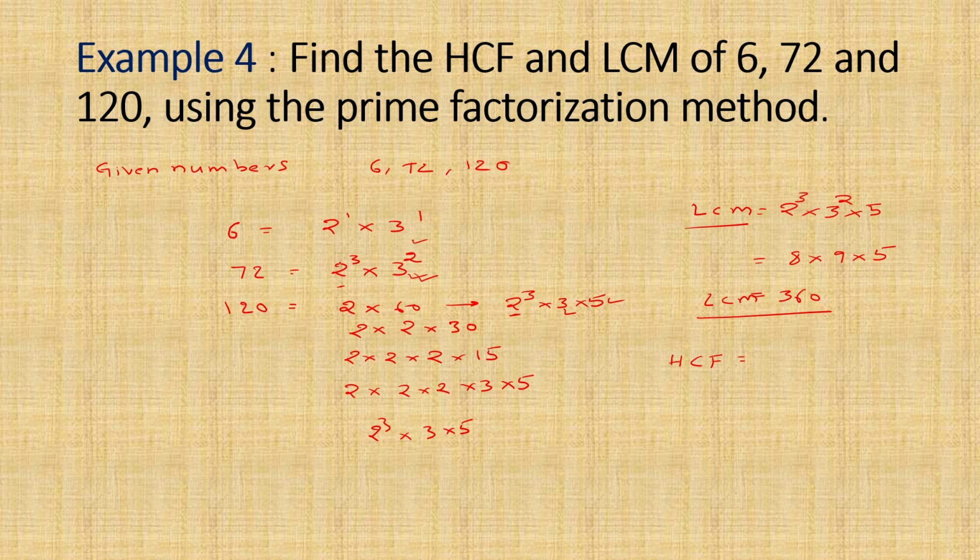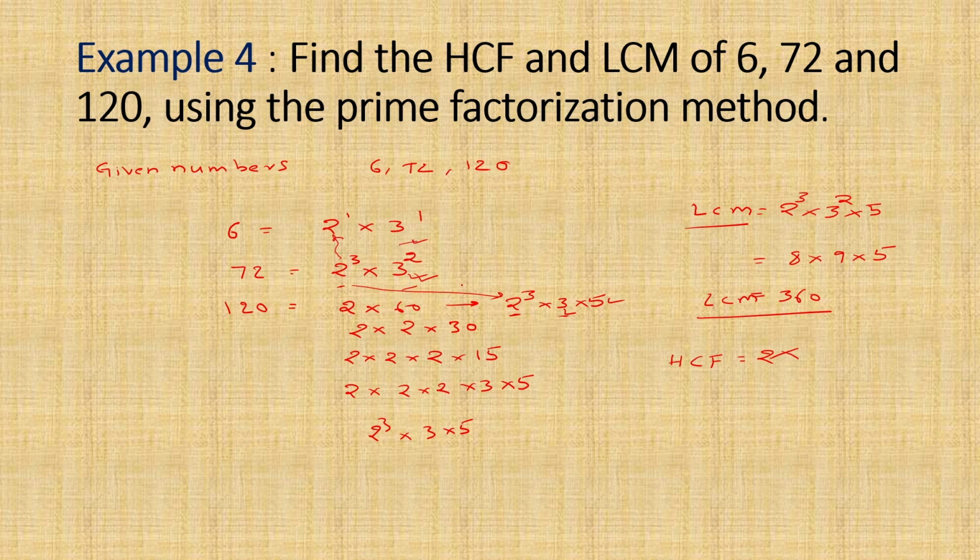Next, the HCF. HCF is the smallest common factor. Here 2 is common in 2, 2 cube and 2 power 3, and the smallest is 2. Next, 3 is also common: 3, 3 square and 3.